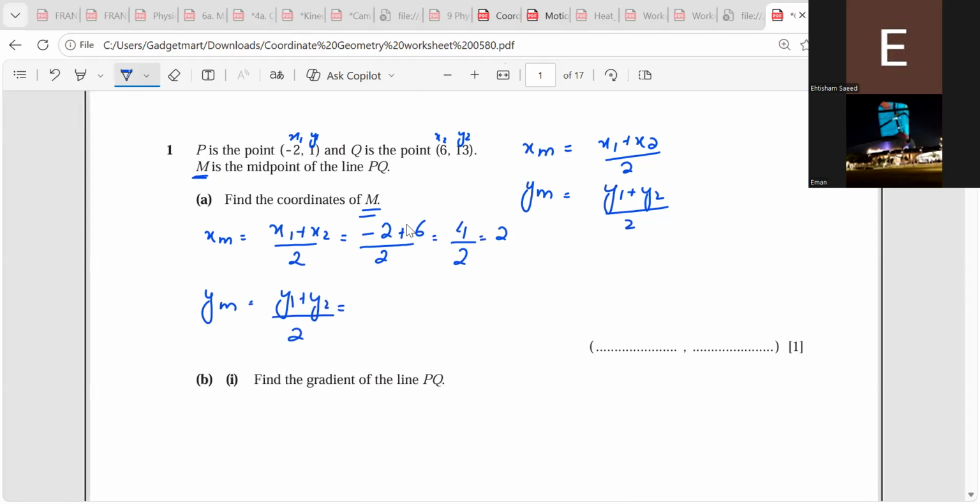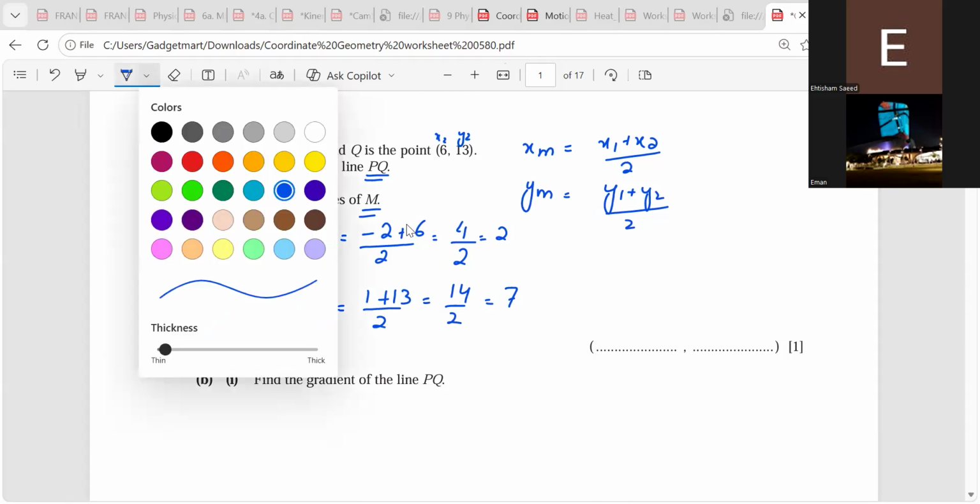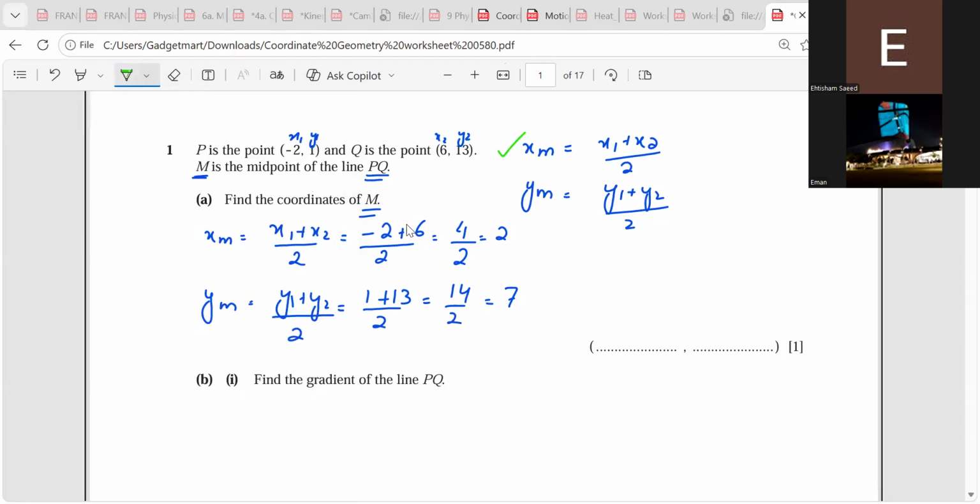So y1 is 1 plus y2 is 13, divided by 2. So it's 14 by 2, that is equal to 7. So this is the midpoint of line PQ, and this is the formula for the midpoint, right? So we have solved it. XM's value is 2 and YM's value is 7.